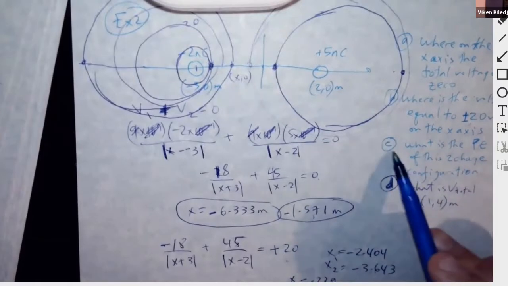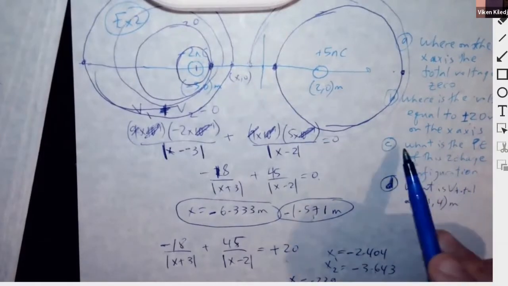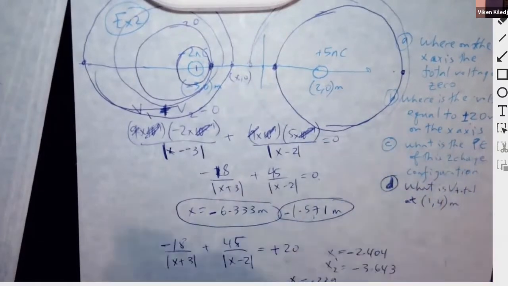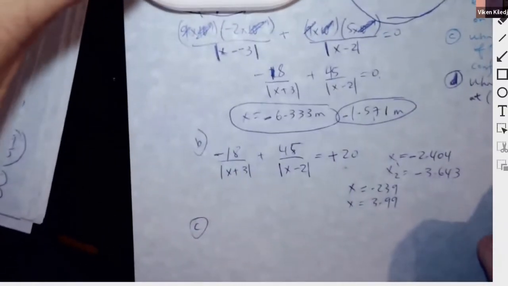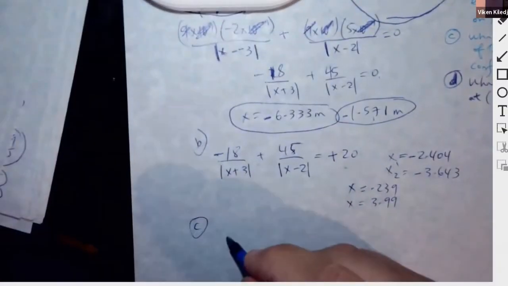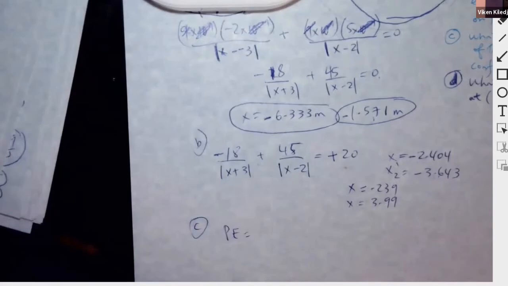Okay, so now C would be quite a different kind of question. So this was B. C is a potential energy question. So what is the potential energy? That's more like asking the ionization energy again, right? How much energy to separate them?